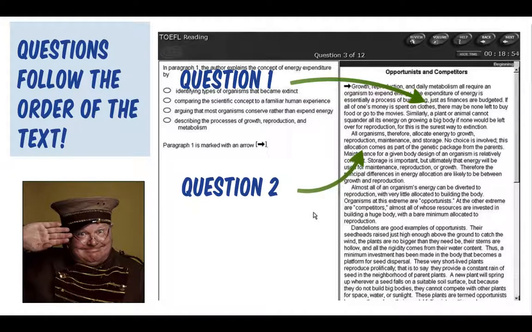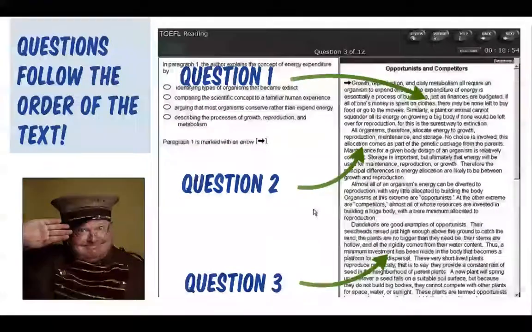Question 2 is going to come from paragraph 2 or from later in paragraph 1. Question 3 is going to come somewhere farther down, maybe paragraph 4, maybe the end of paragraph 2, wherever, but they always follow the same sequence as the text. And that is going to help you to focus on smaller pieces of the text as you go.